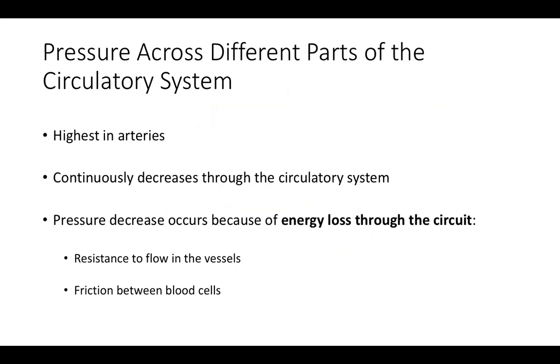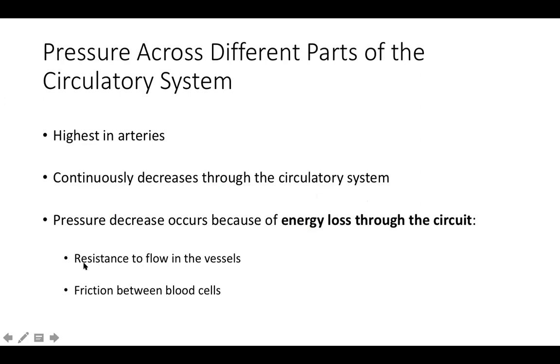So if we look at pressure differences across the entire circulatory system, pressure is definitely highest in the arteries compared to the veins. But this pressure continuously decreases as you go throughout the circulatory system. And the reason that the pressure decreases is because there is a loss of energy in the circuit. That loss of energy comes from two places. Number one, it comes from the resistance to flow in the vessels.